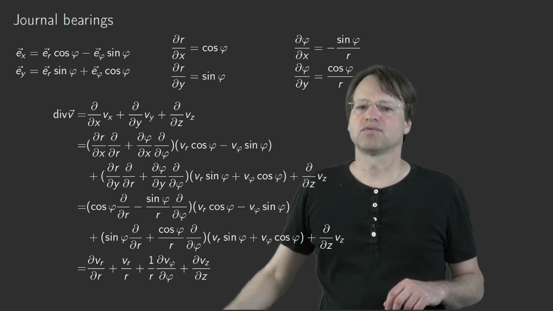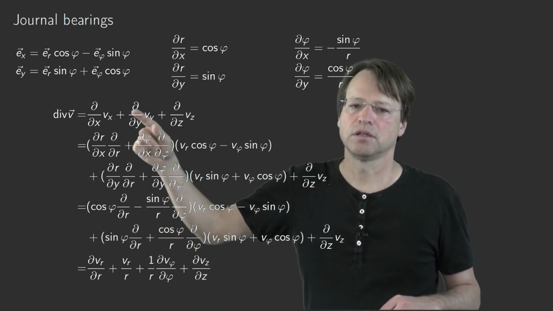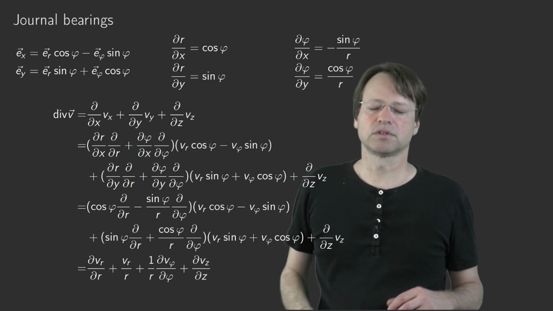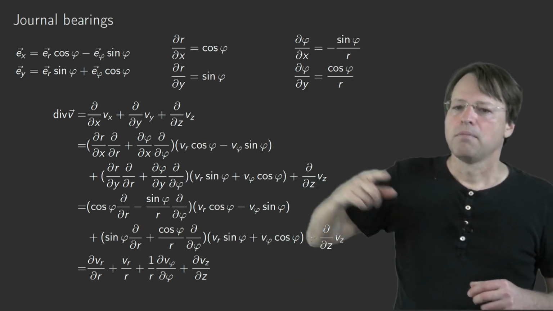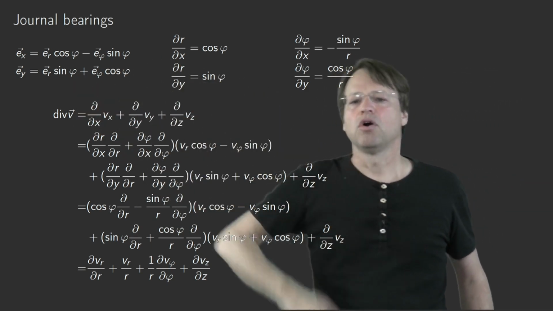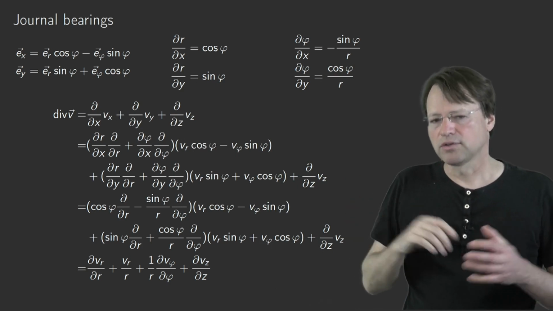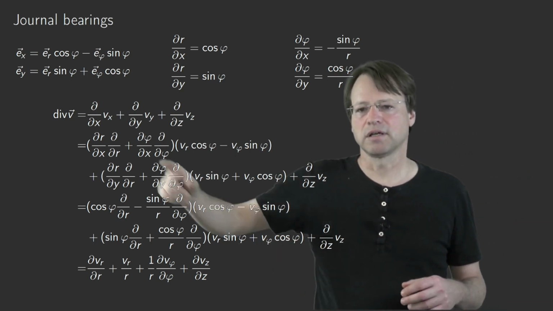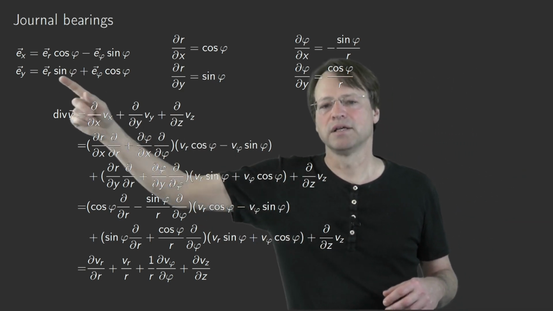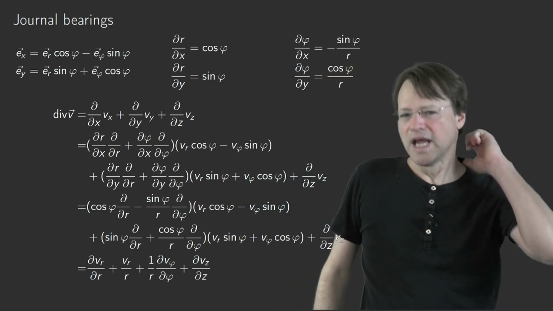You have to transform the entities, if these are vectors, the vector components, by making use of the unit vectors, so by replacing the Cartesian unit vectors by some other unit vectors.